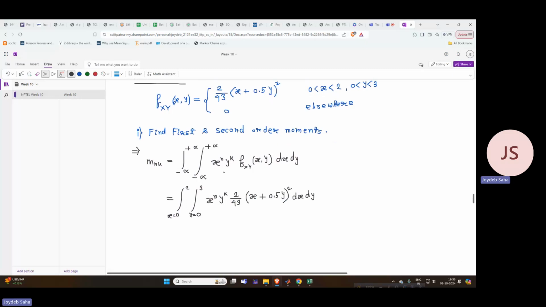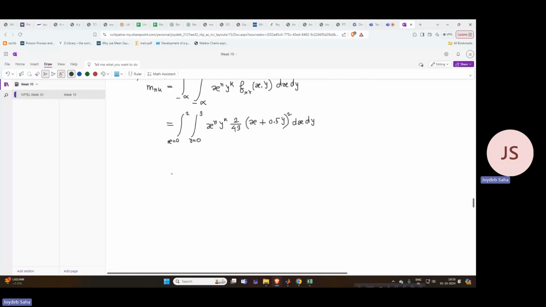So let us solve this. We can write it as limit x is equal to 0 to 2, y is equal to 0 to 3.